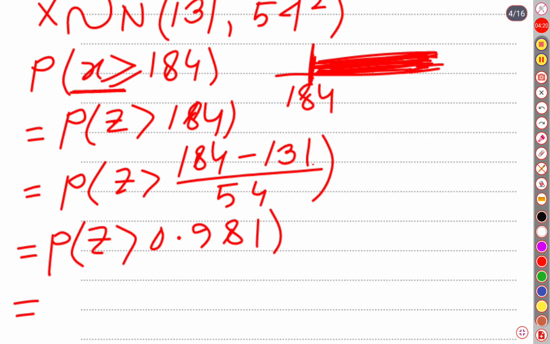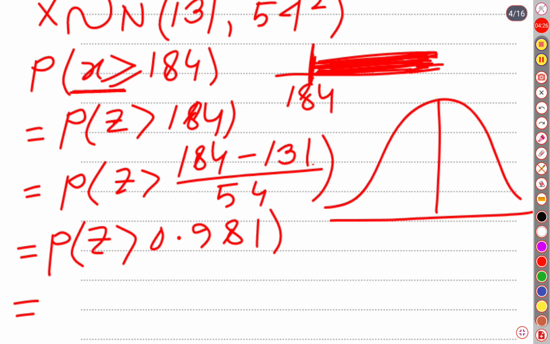Then we will write the probability when the z-score is 0.981. Let me draw a normal graph. Suppose this is the normal graph. Here this is the mean line, where the z-score is 0, and suppose here the z-score is 0.9 because it is positive, and they have asked us to find the probability of this portion. Look at this, it is given z greater than 0.9, that means this portion is our probability. So what can we do in this case?